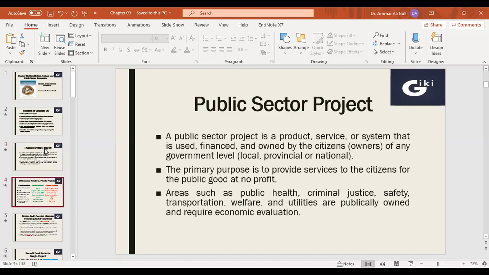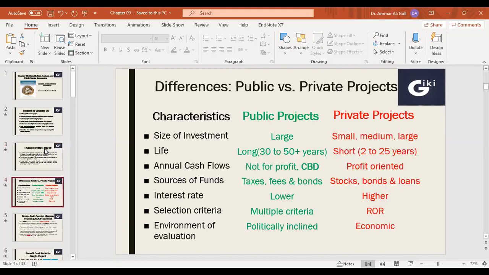the general public. And the main differences between public sector and private sector projects are on the basis of size, life, annual cash flows, sources of funds, and rate of interest. Obviously, it is lower for public sector projects as compared to private sector projects. And selection criteria for public sector projects are multiple because they are politically inclined and the environment is politically based.